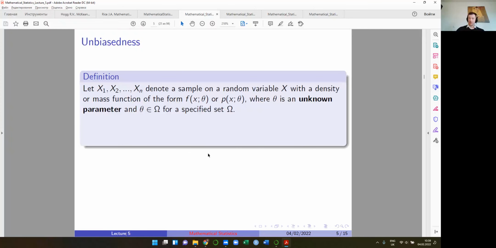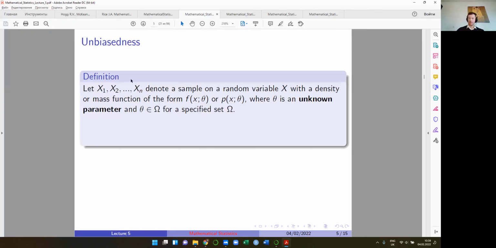So first of all, the first property of a point estimator is called unbiasedness. Well, the definition reads as follows. The first part is familiar. We have a random sample from x1 to xn.